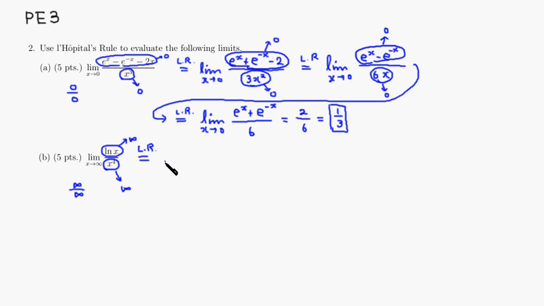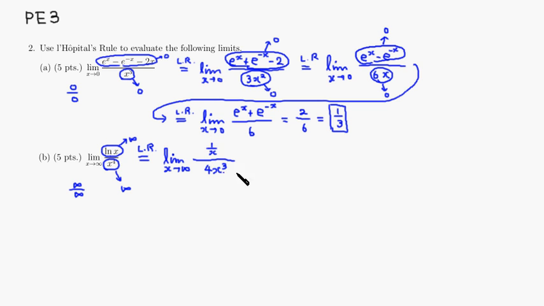So we still have the same limit, the limit as x approaches infinity. Then you take the derivative of the top, which is 1 over x. Derivative of the bottom is 4x cubed.